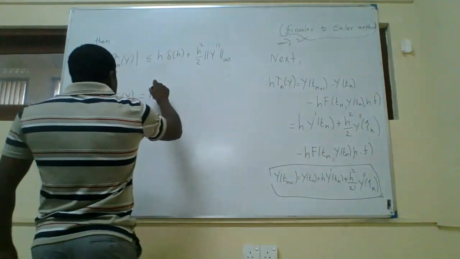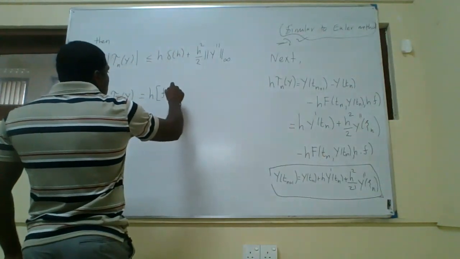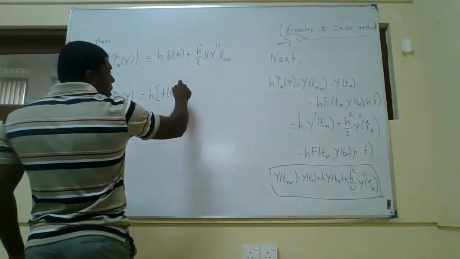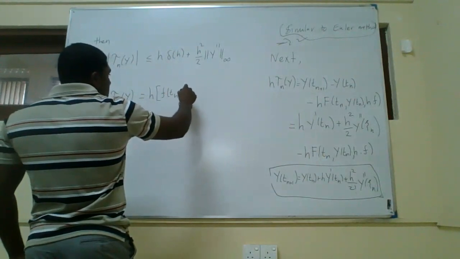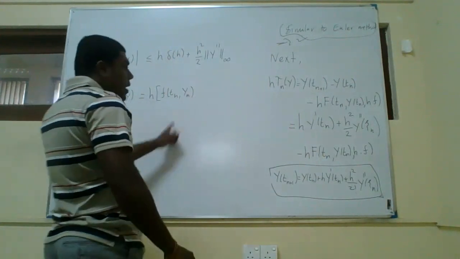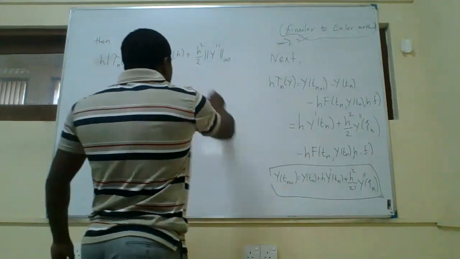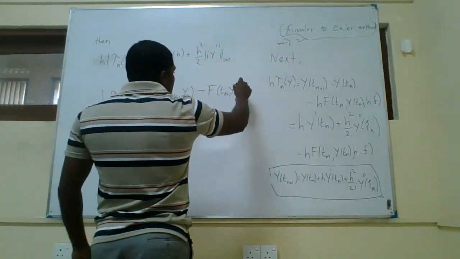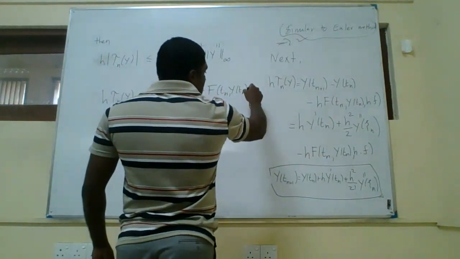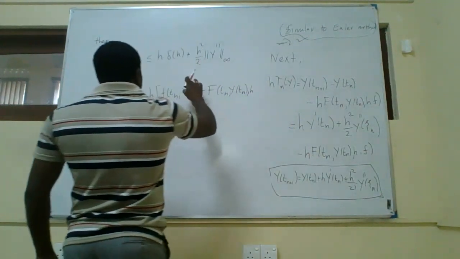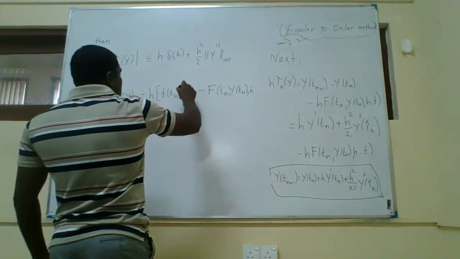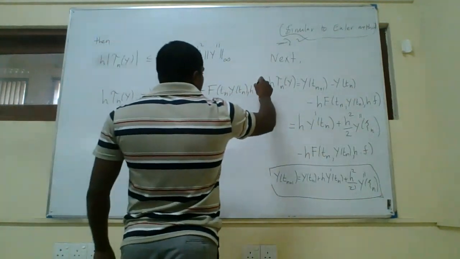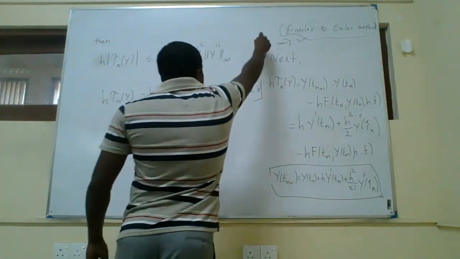Remember, h times small f of t_n comma capital Y_n, and then there is this here, so minus capital F of t_n comma y(t_n) h of small f.